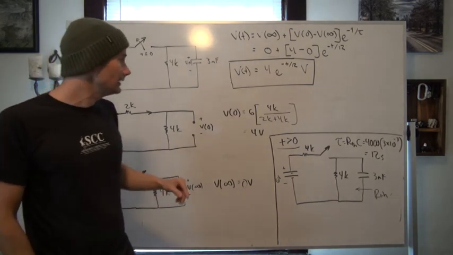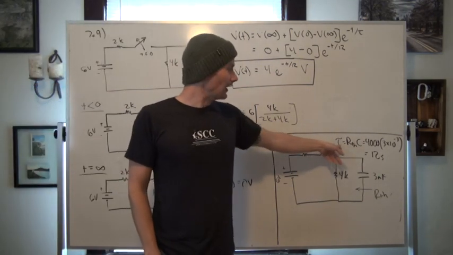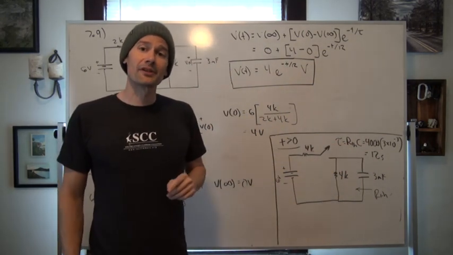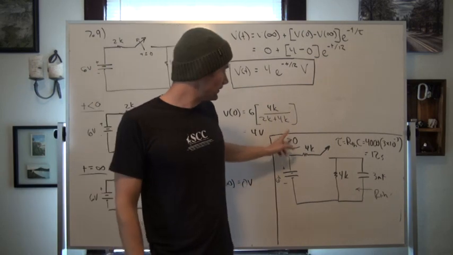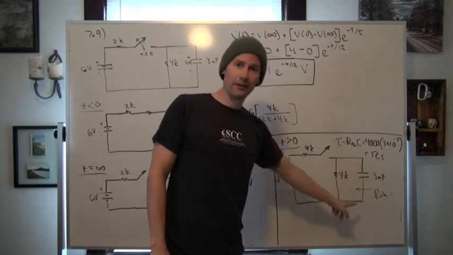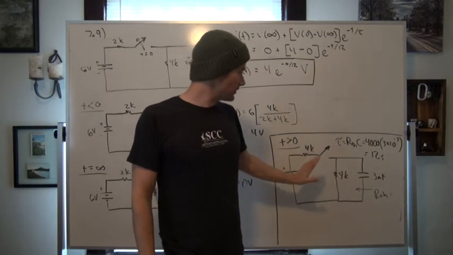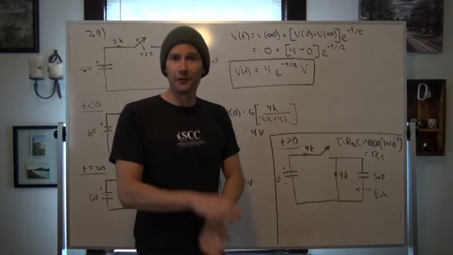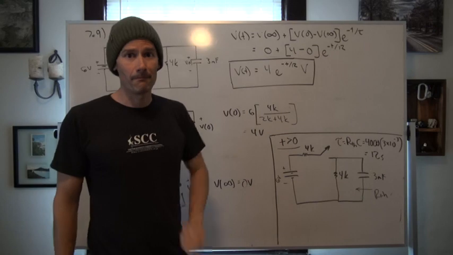Started off easy, right? So here, time constant. Remember, that's R Thevenin times C for the resistive capacitive circuits. So for t greater than 0, we think about the rest of the circuit, which is to the right. The switch is open, therefore the 6 volt source and 4K no longer come into play at all.